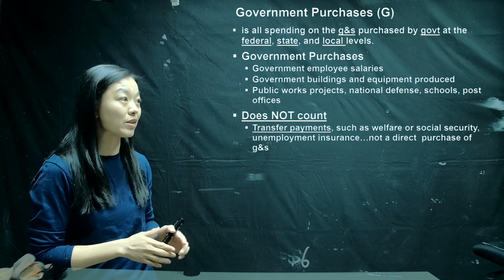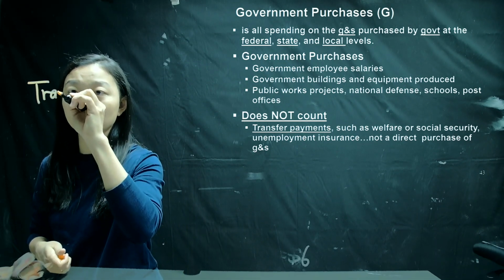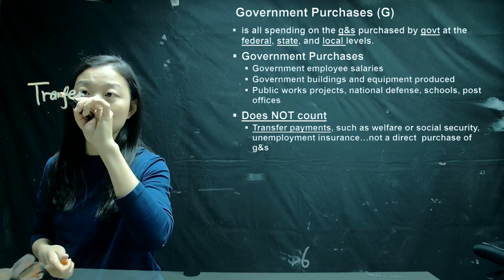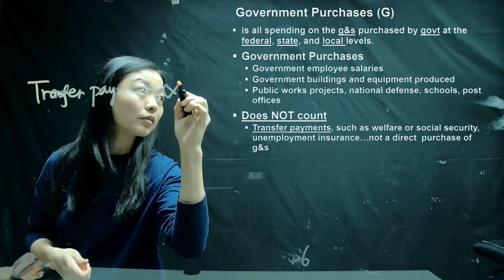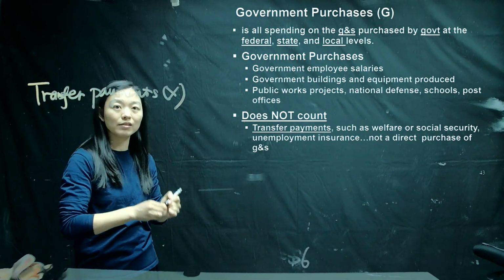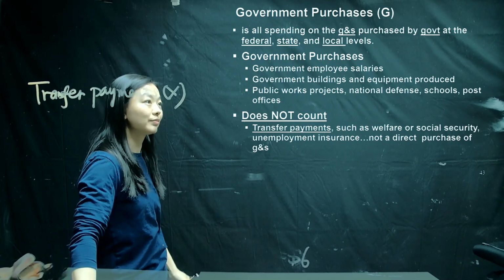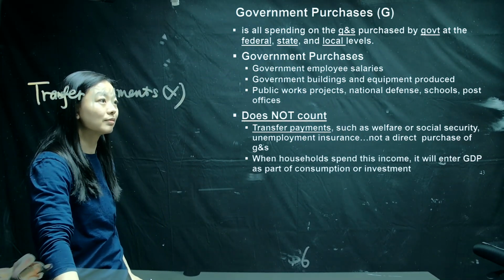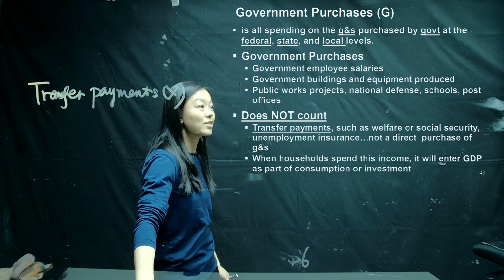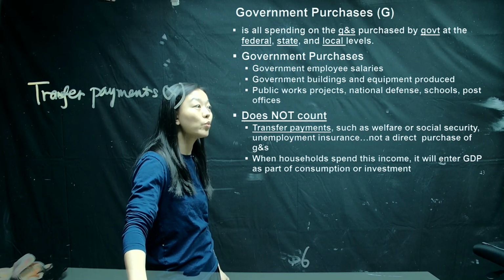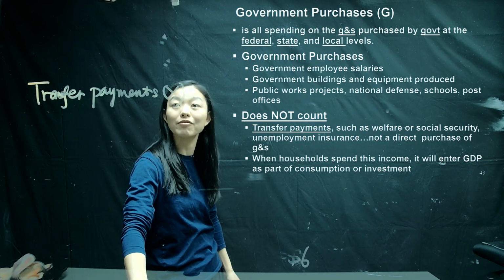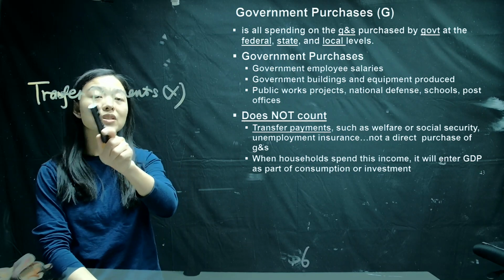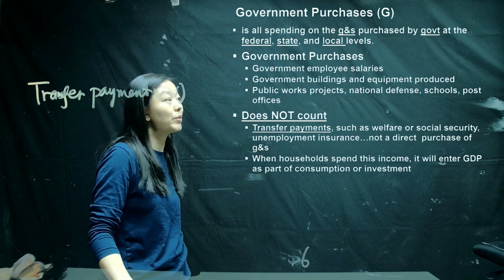Therefore, transfer payments cannot be counted in government purchase. When households spend those transfer payments, it will already enter GDP as part of consumption or investment. So transfer payments cannot be double counted in government purchase.